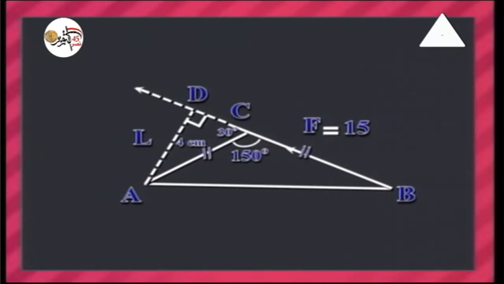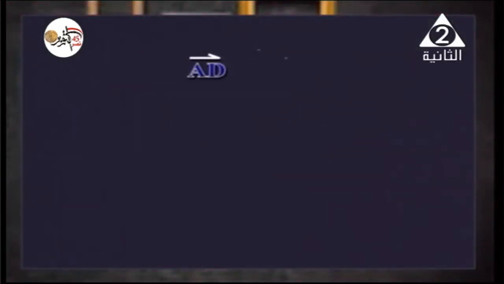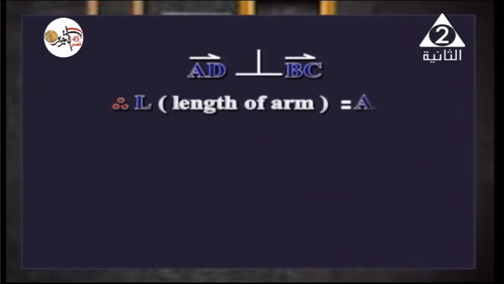And by using Pythagoras theorem, L equals half AC. Therefore, my dear student, we have CBA an isosceles triangle. Therefore AD is perpendicular to BC, and L, the length of the arm, equals AD.